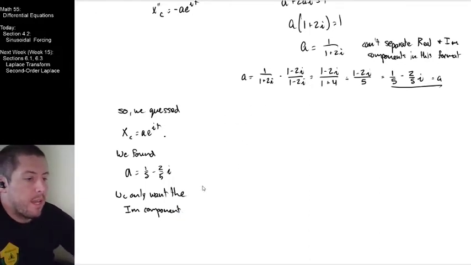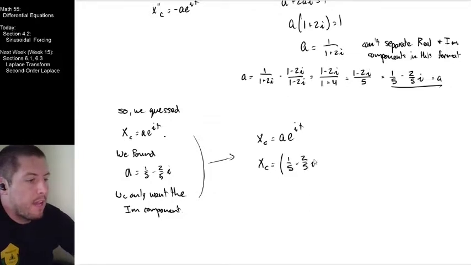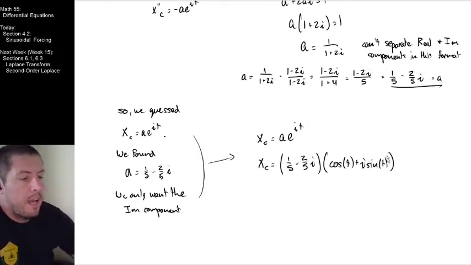So let's take this and say our x sub c was a e to the it, which we now know that we could write as a, which is 1/5 minus 2/5 i, times e to the it, which we know as cosine of t plus i sine of t. And I can multiply this out, and then find my real versus imaginary components.